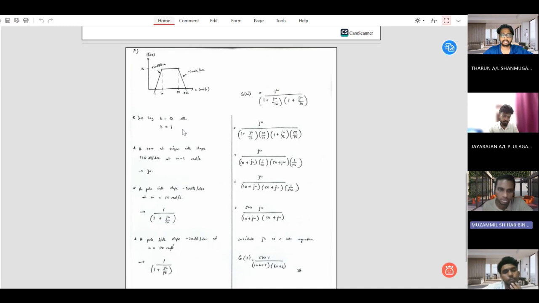Next, we can see a zero at origin with a slope of plus 20 dB per decade, which means at omega 1 radian per second, j omega. From the plot, at omega 1 it goes up, meaning plus 20 dB per decade. Next is a pole with a slope of negative 20 dB per decade.